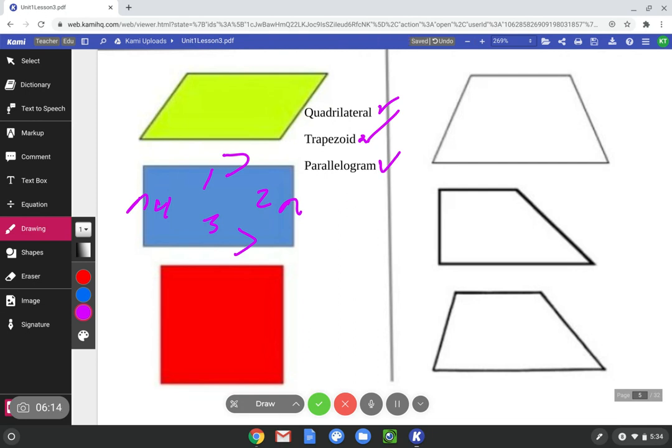And some more attributes that I'm seeing will be the 4 right angles. So that means it's a rectangle because opposite sides are congruent. So when you see the right angles and opposite sides are congruent, it's a rectangle. So look at this.